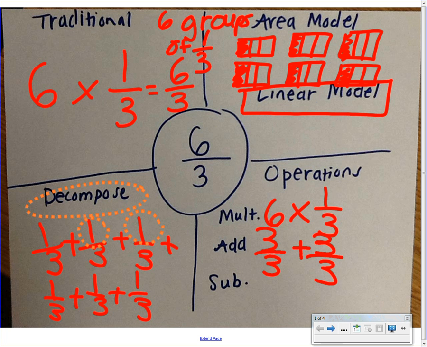That would also give us 6/3. Then how could we subtract to get 6/3? We could do 7/3 minus 1/3. I want you to fill in your table so it looks like that, and the linear model should still be blank. We are going to come back to the linear model.